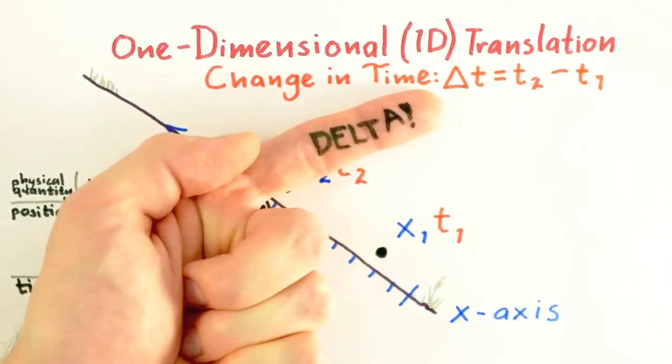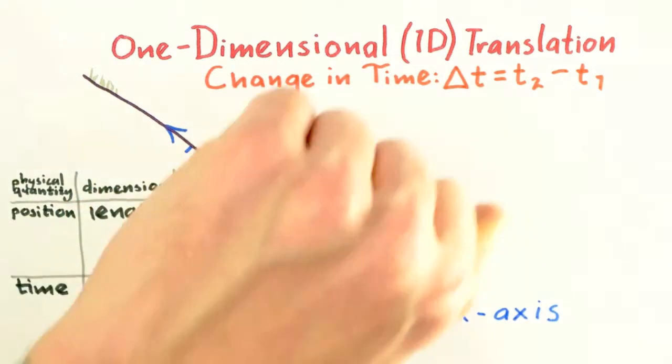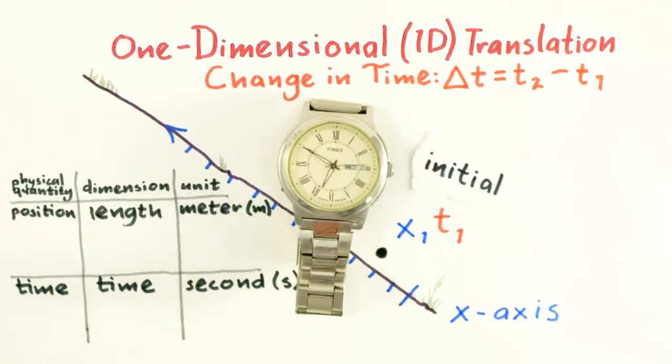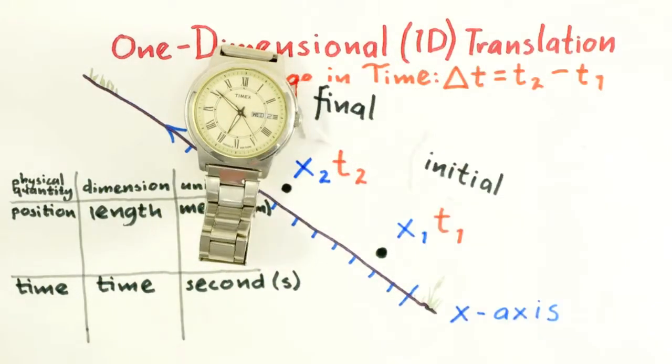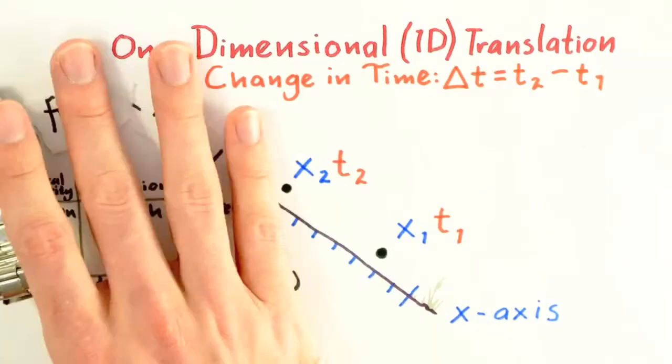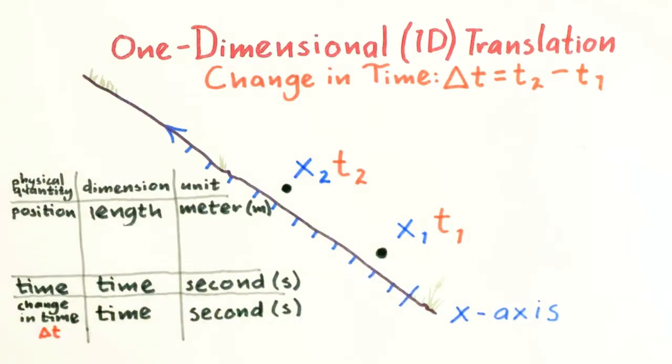The Greek letter delta is often used to symbolize a change. Notice that delta t, which is a scalar, will typically be positive because the final time is later than the initial time. Notice also delta t has the same dimensions and units as t1 and t2.